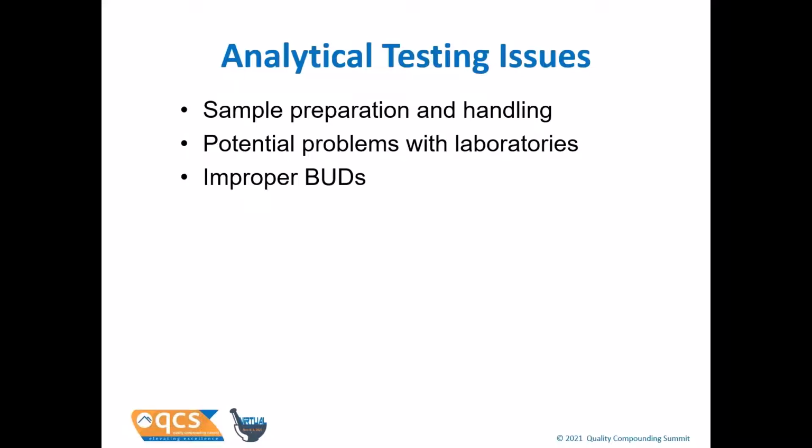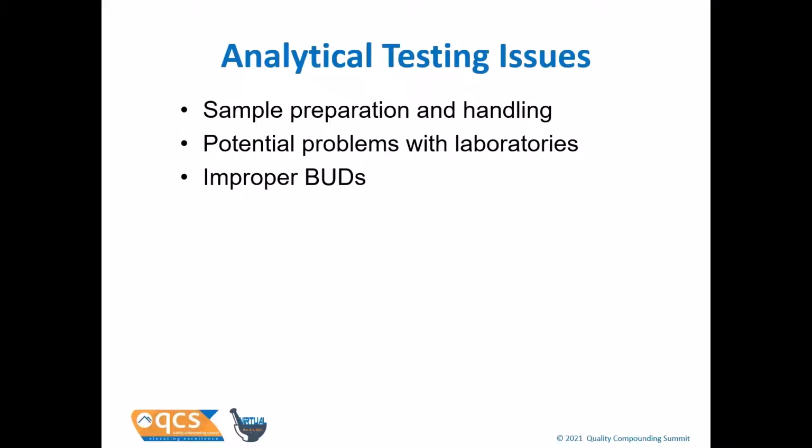And so the easiest way of determining this is to look at the references where the beyond use dates were published and make sure that they validated their analytical method, which is usually HPLC, by heating the sample to degradation, by oxidizing the sample, by adding acid to it and base to it to forcefully degrade the sample, and then modify the HPLC method in order to separate the degradation products from the intact drug.